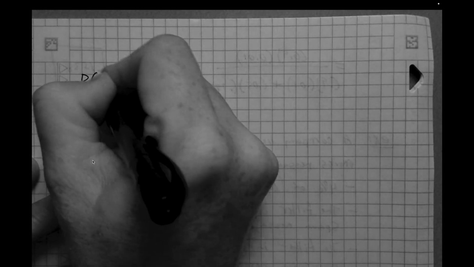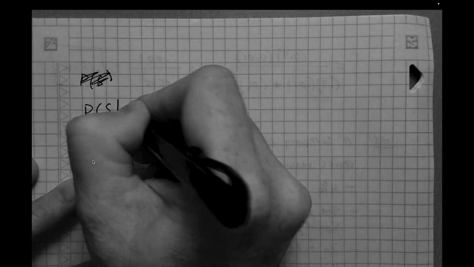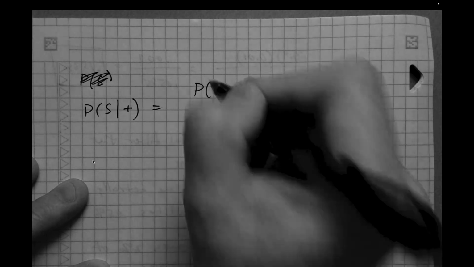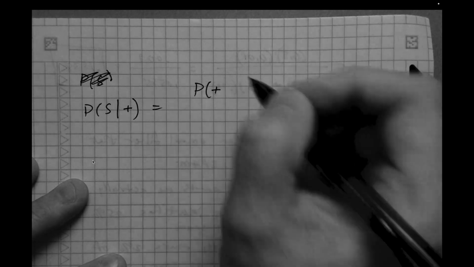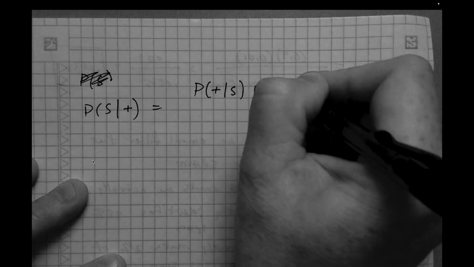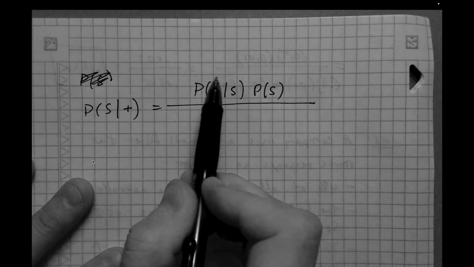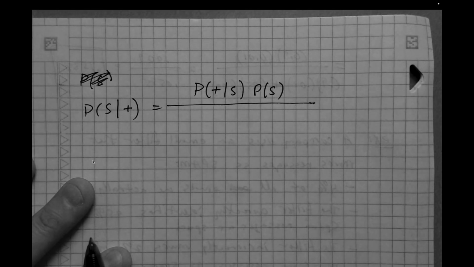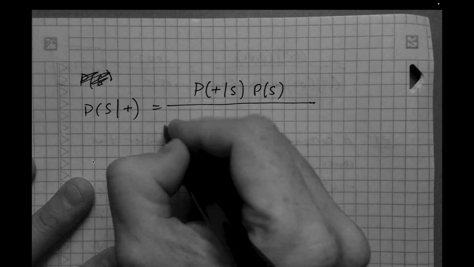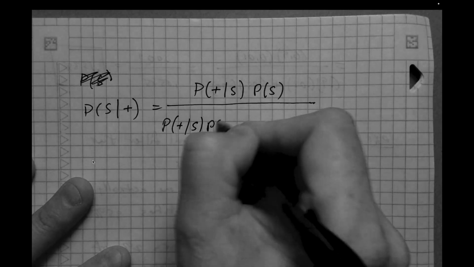The probability that a message is spam given that it's been marked as spam equals the probability of the filter marking it as spam given that it is spam, times the probability that it is spam. That's the numerator. Remember, just flip the conditional and put the other probability on there. And this shows up in the denominator as part of the total probability: plus given S times the probability of S.